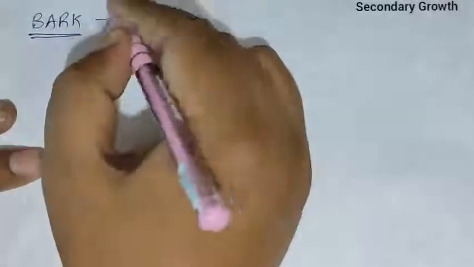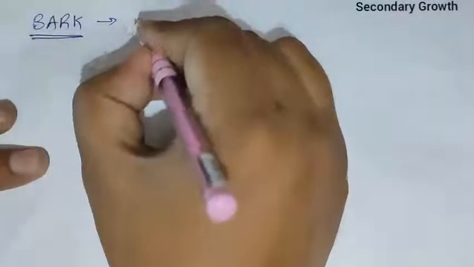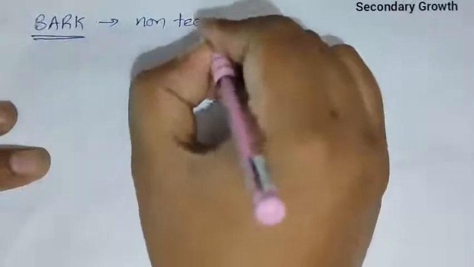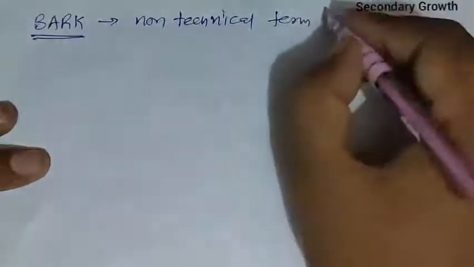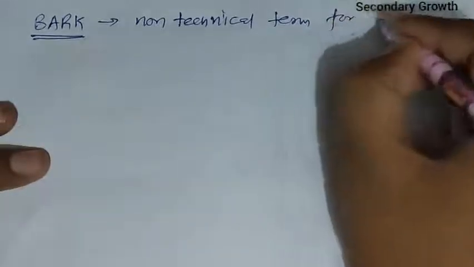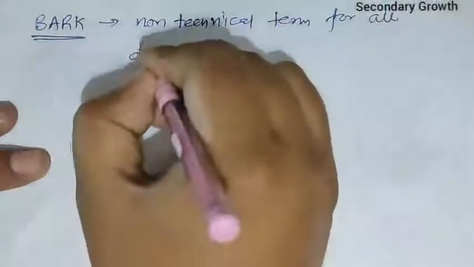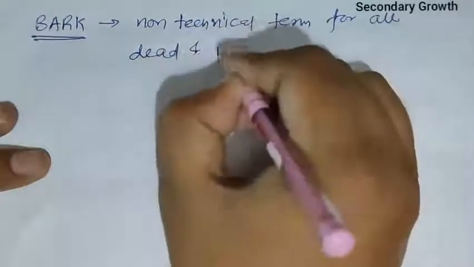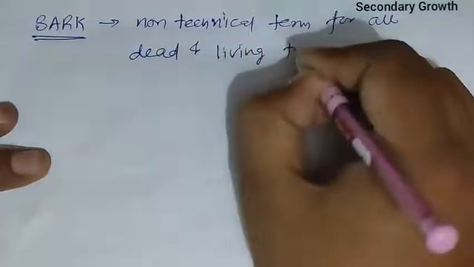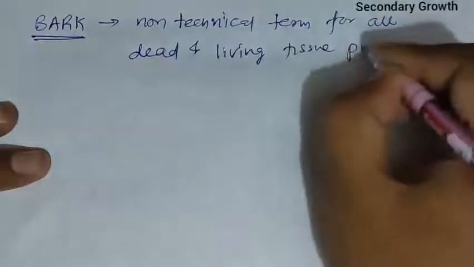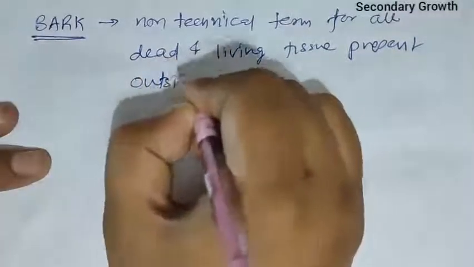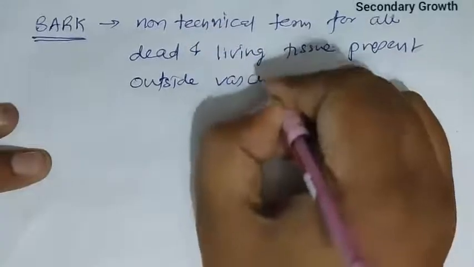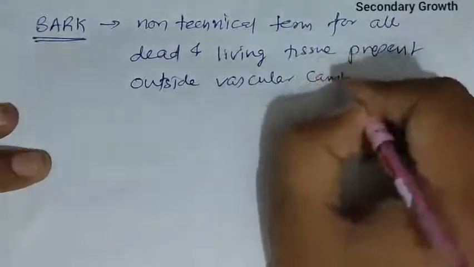Bark is a non-technical term for all dead and living tissue present outside the vascular cambium.